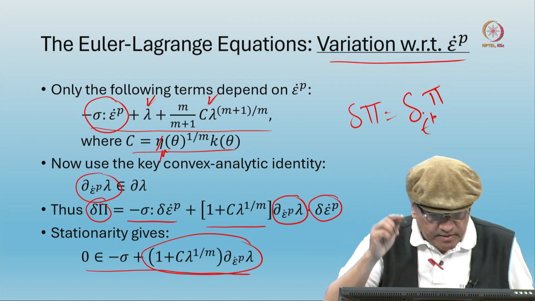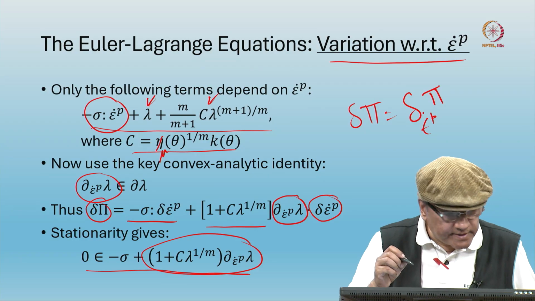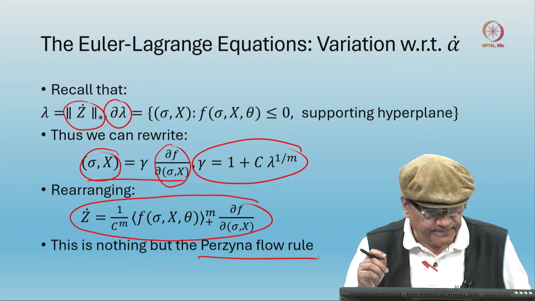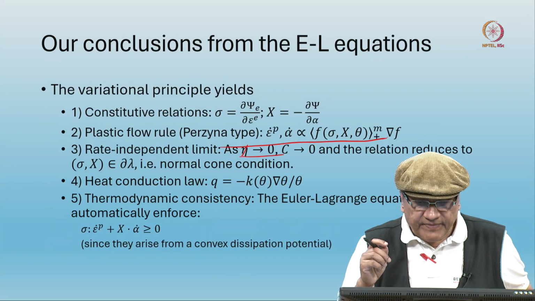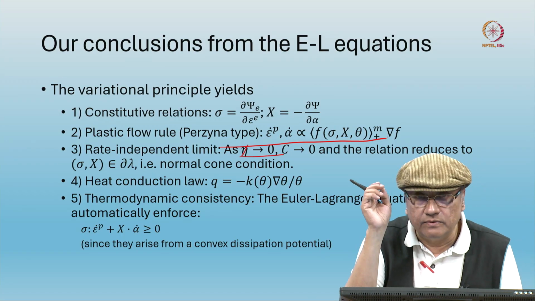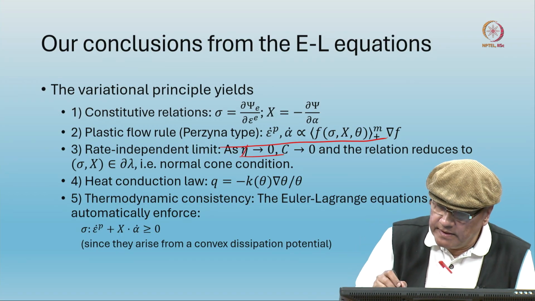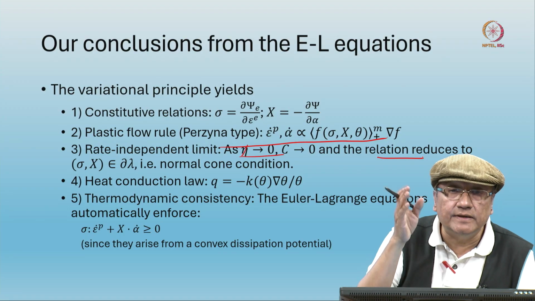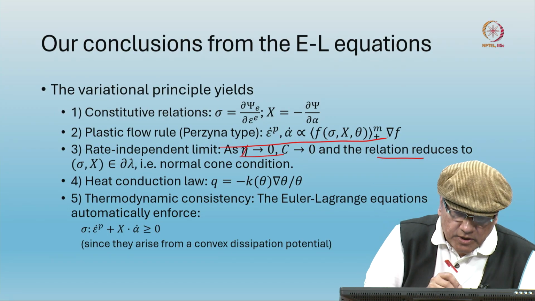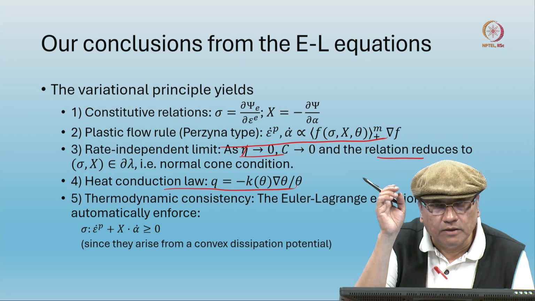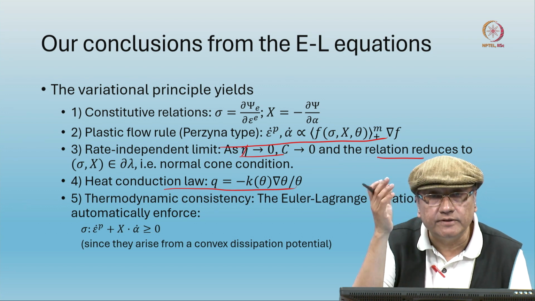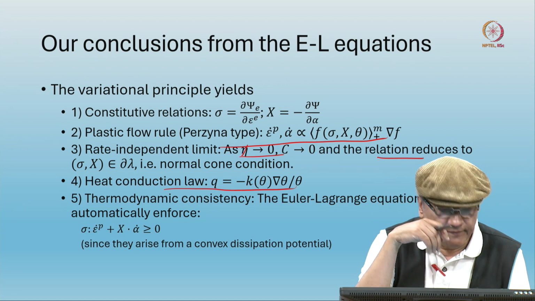This is one of the problems. So let us call it mu, the viscosity. As the viscosity tends to 0, the relation reduces to the rate independent case, and we have also got the Fourier-like law in the process of taking the variation of pi, the rate functional, with respect to Q.